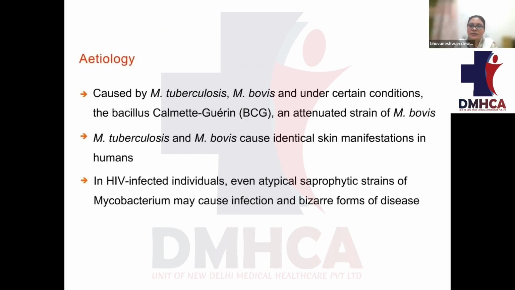BCG is an attenuated strain of Mycobacterium bovis. Mycobacterium tuberculosis and bovis cause identical skin manifestations in humans. In HIV-infected individuals, even atypical saprophytic strains of Mycobacterium may cause infection and form bizarre types of disease.